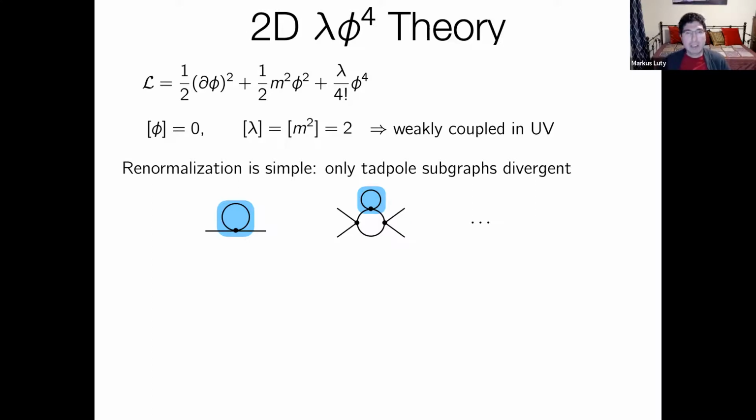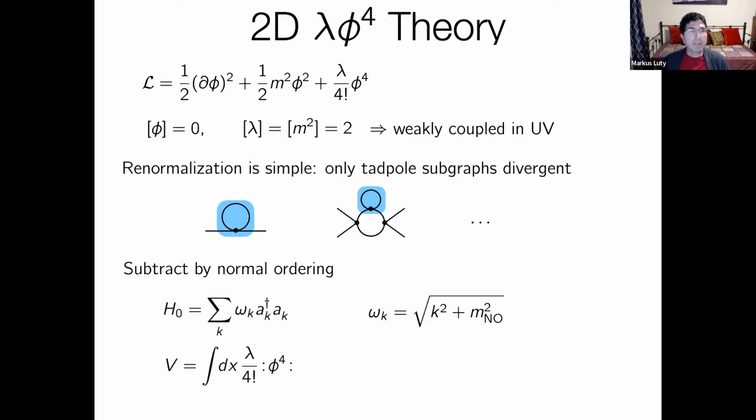Okay, so diagrams like this, and it means that I can subtract these away simply by normal ordering. So here's my unperturbed Hamiltonian. It's just a sum of harmonic oscillators with frequencies. And then the interaction is just some normal ordered phi to the fourth, and that's it.